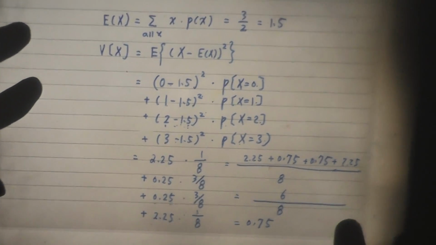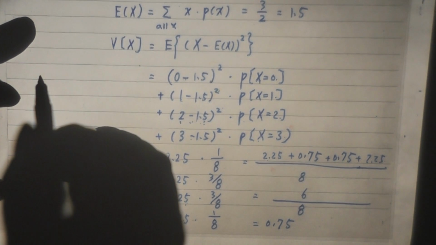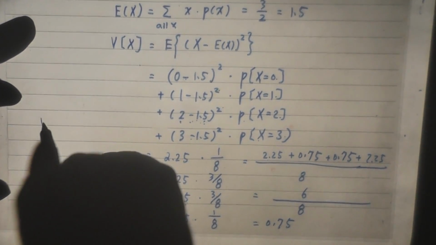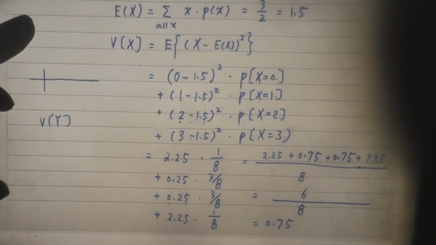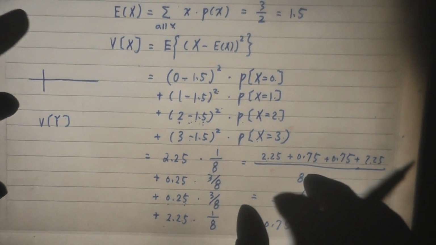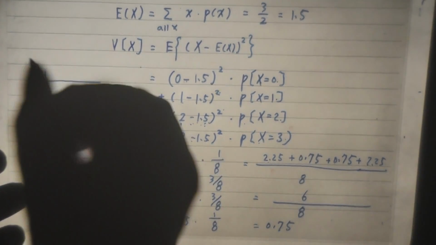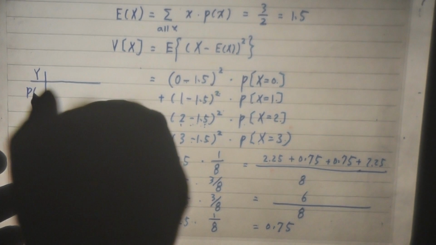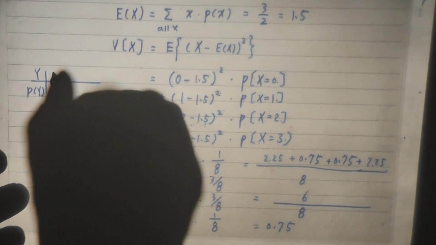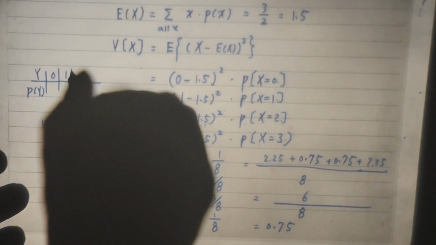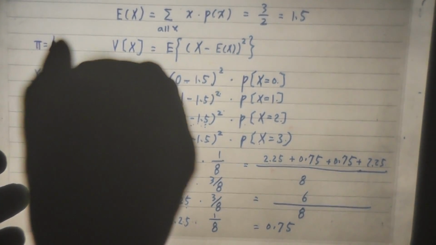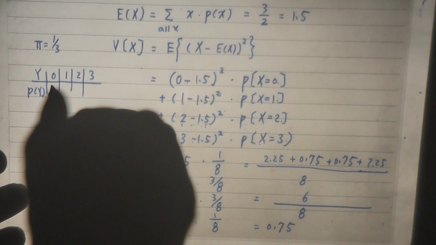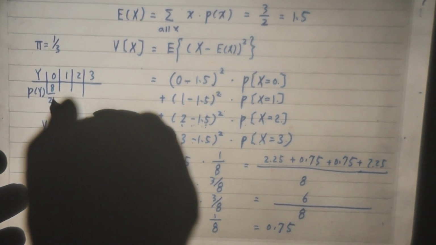Okay? Now, an exercise you might want to do yourself is to try variance of Y. Okay? Remember what is Y? Y is we flip a biased coin 3 times. Okay? Here Y equal to 0, 1, 2, and 3. And the chance of getting heads, remember, is 1/3. So this number is 8 over 27.